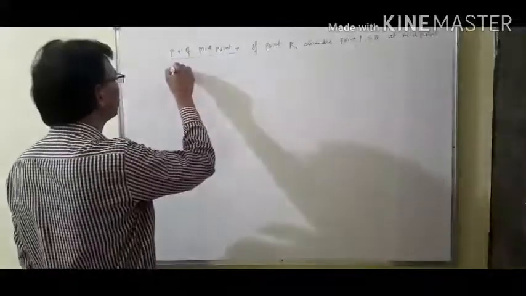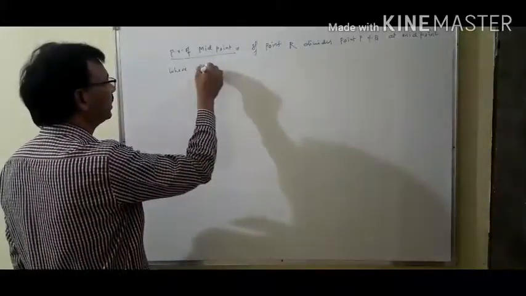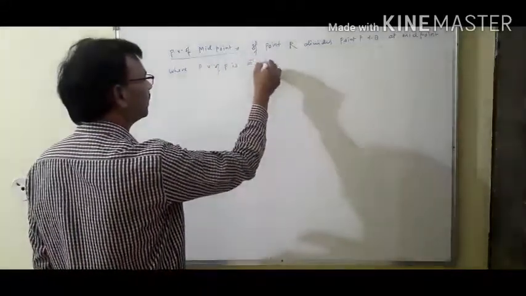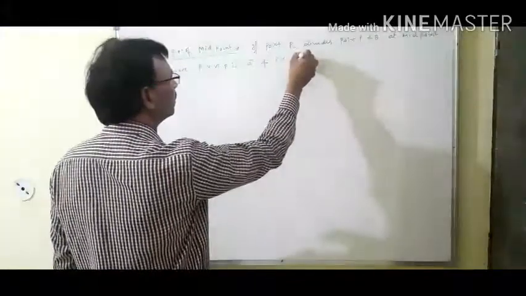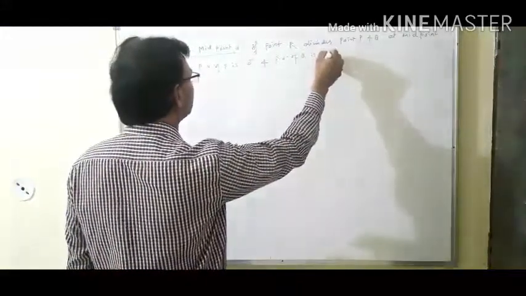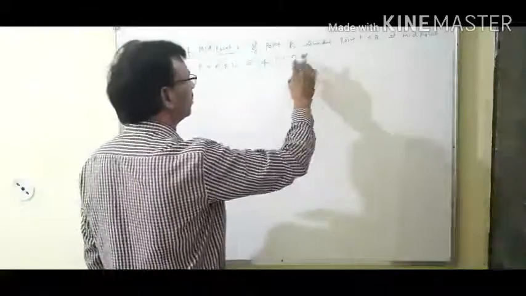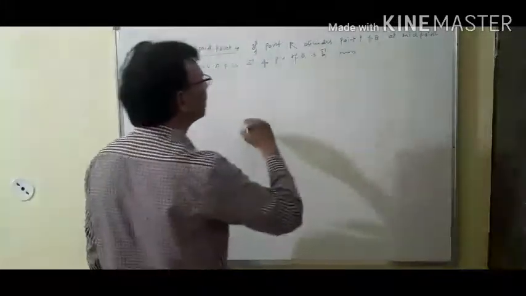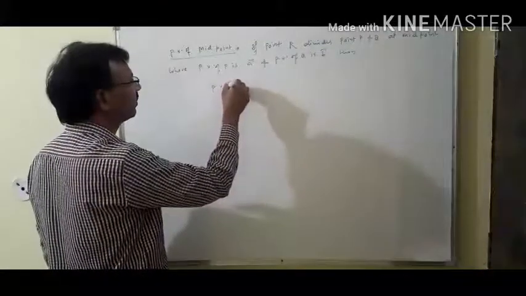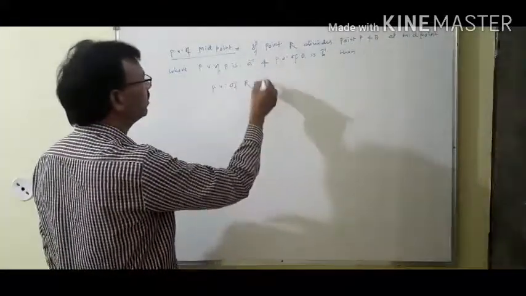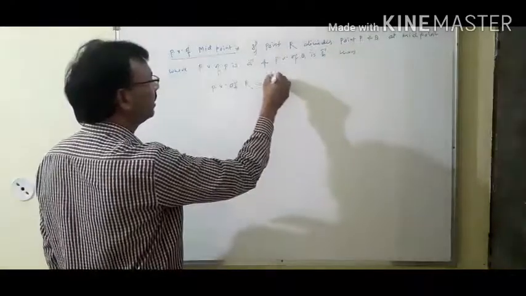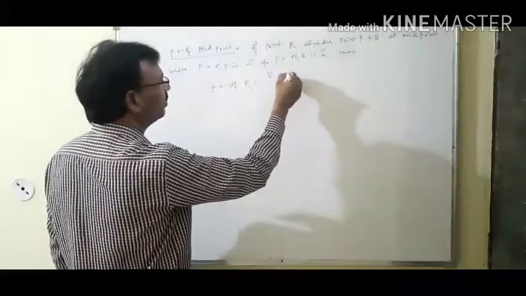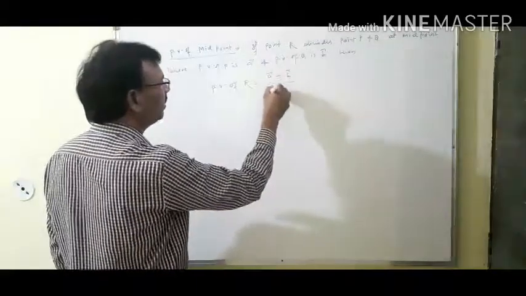where the position vector of P is denoted by A and the position vector of Q is denoted by B, then the position vector of R is equal to position vector of P plus position vector of Q, that is (A plus B) whole upon 2.